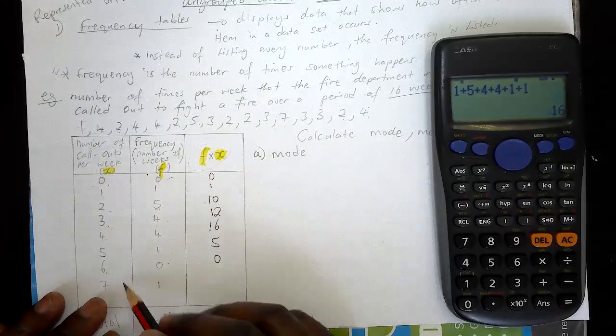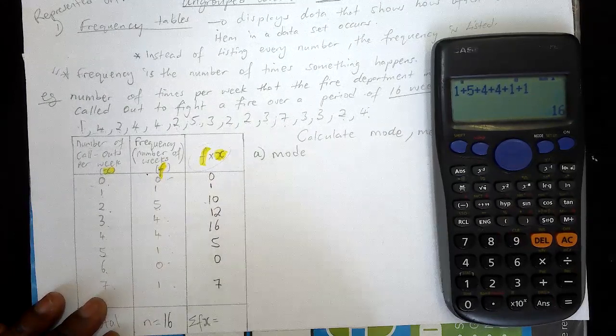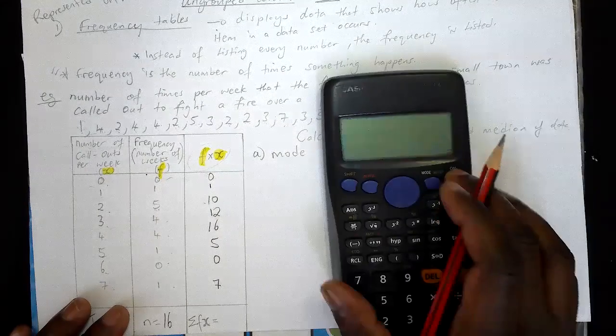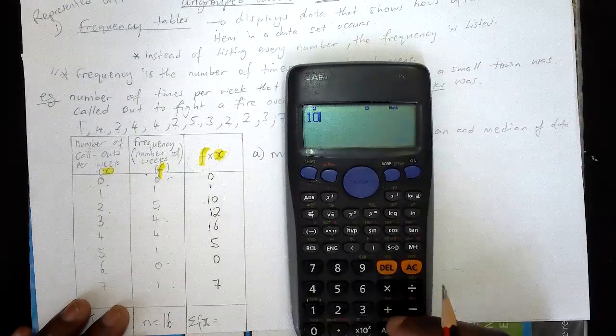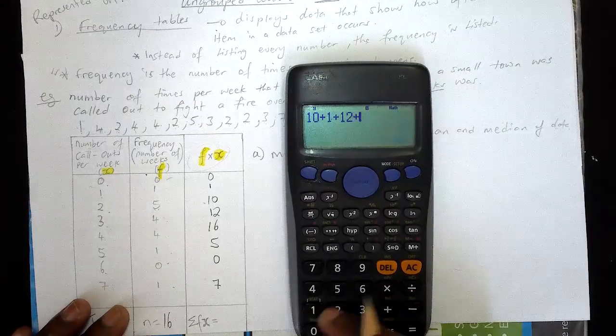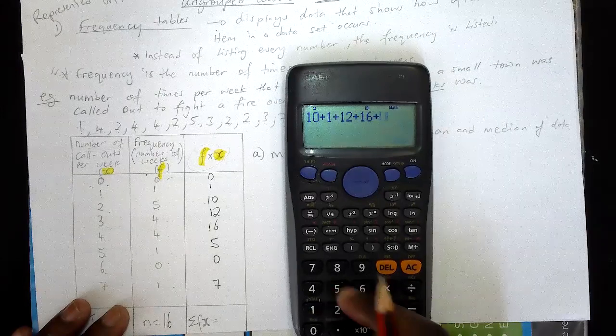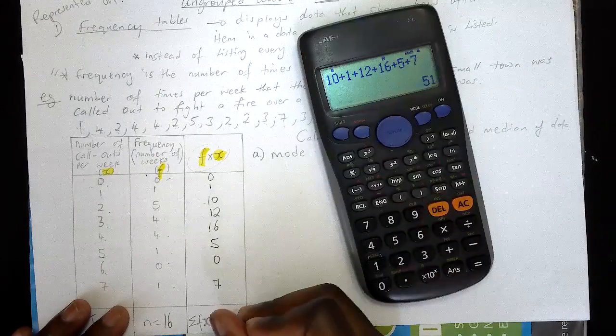Then 7 times 1, we get 7. Now we can add. How many times was the fire department called in those 16 weeks? We are adding 1 plus 10 plus 12 plus 16 plus 5 plus 7, and we see that it is 51.